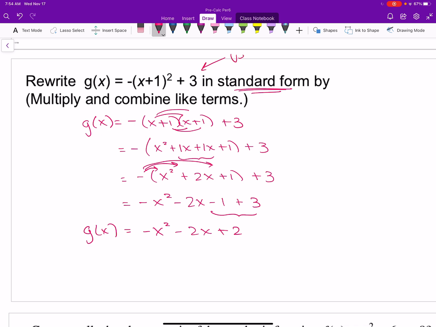So we call this equation our vertex form, and we call this equation standard form. What's nice about the vertex form, like I said, is that you can easily identify the vertex and what the transformation is that is taking place. In standard form, unfortunately, it is a lot harder.